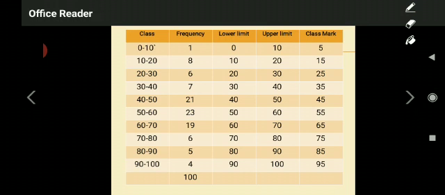In the second class limit of 10 to 20, you have to take only the observations between 10 to 19. 20 is not included again here. So in that class limit, 8 students have got marks between 10 to 20 in mathematics.